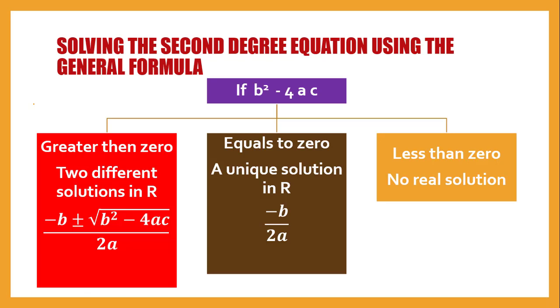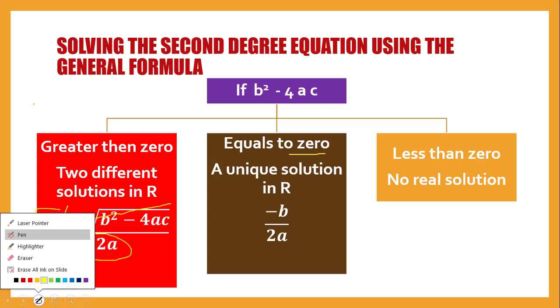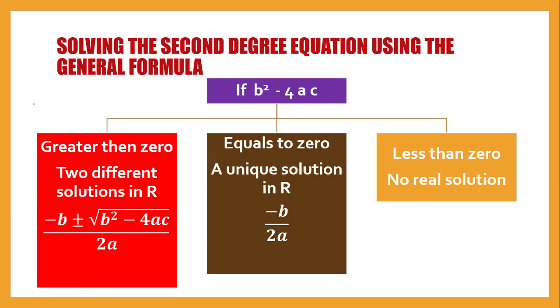If the expression b power 2 minus 4ac is equal to 0, in this case we have a unique solution. The square root term will be cancelled because it is 0, so we have only negative b over 2a. So if b power 2 minus 4ac equals 0, you have only one solution, which is negative b over 2a.